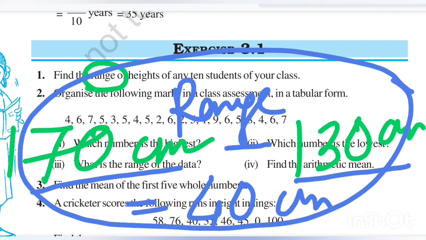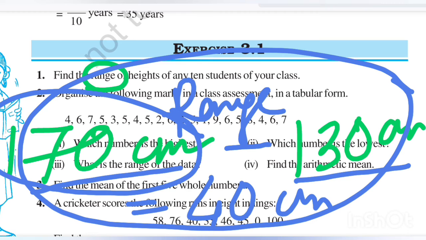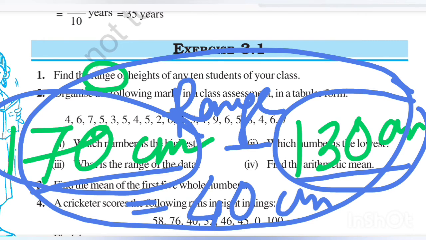Now if you are willing to give all 10 students' heights as observations, you can also give. Suppose, but you have to keep in mind that the greatest number will not exceed 170 and the smallest number will not go below 130.